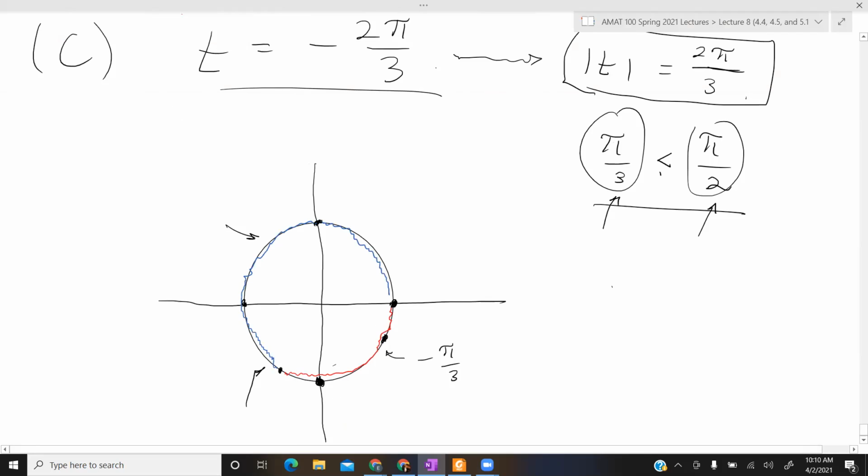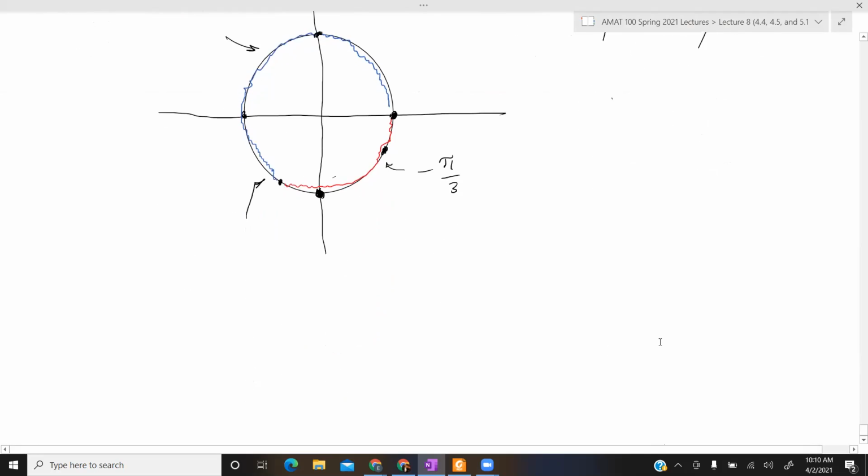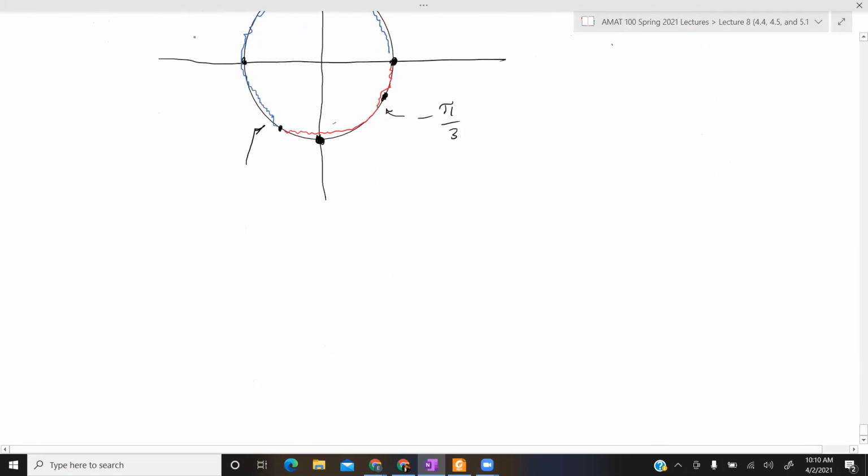Clearly the length of this red arc is shorter than the length of the blue arc. So that will tell us that the length of the red arc is our reference number. So then t bar will be pi minus 2 pi over 3, and that's going to just be pi over 3. So that will be the reference number right there.